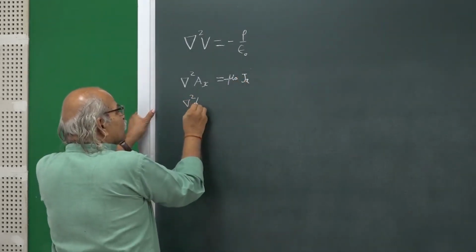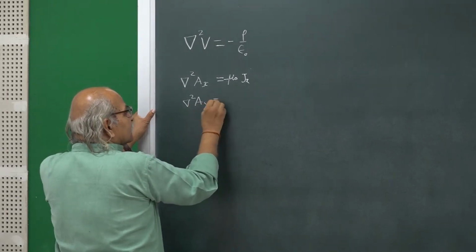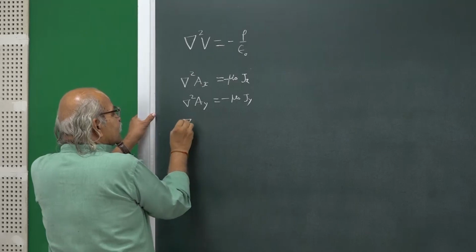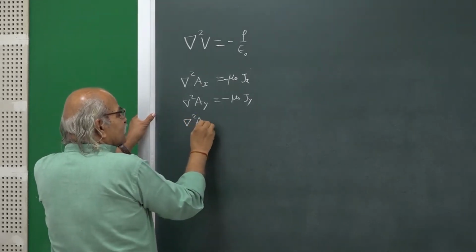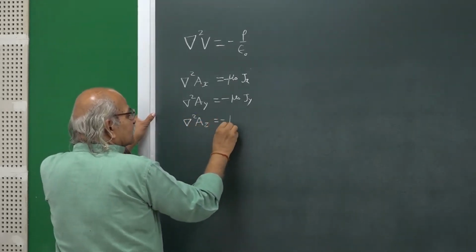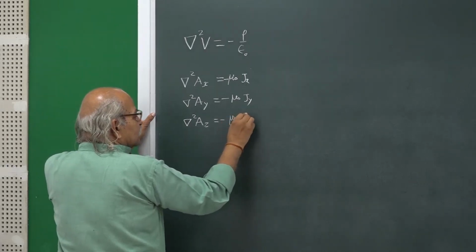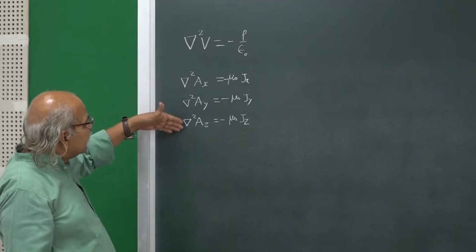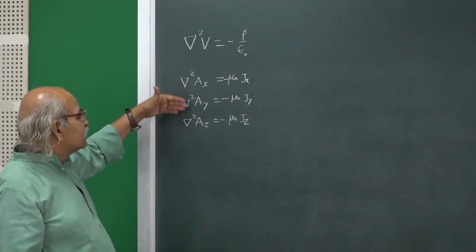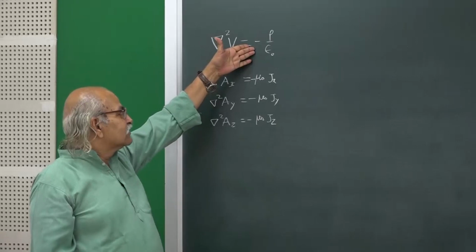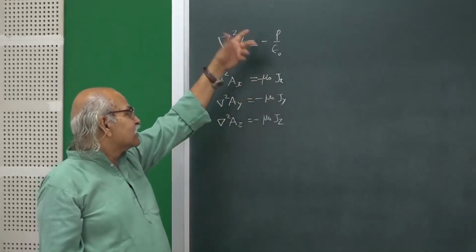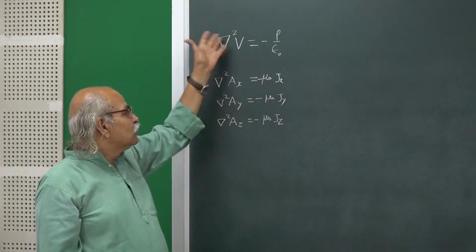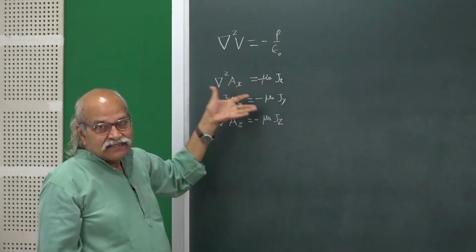Del square of Ay is minus mu naught Jy, and del square of Az is minus mu naught Jz. So, each of these has the same mathematical structure as it is here. The difference is the constant. Here 1 by epsilon naught, if you replace by mu naught, you get identical mathematical structure.